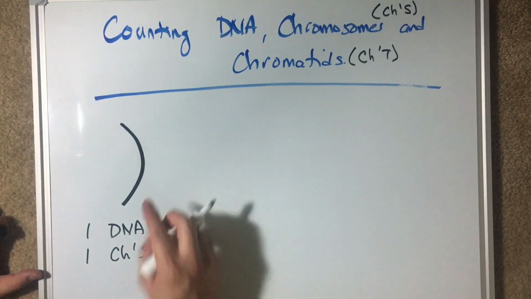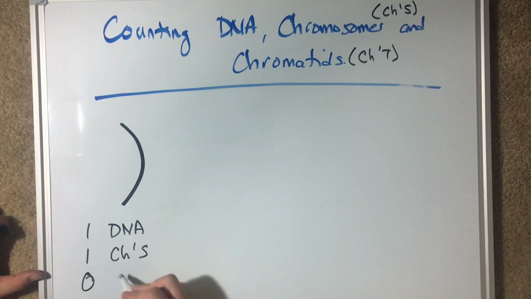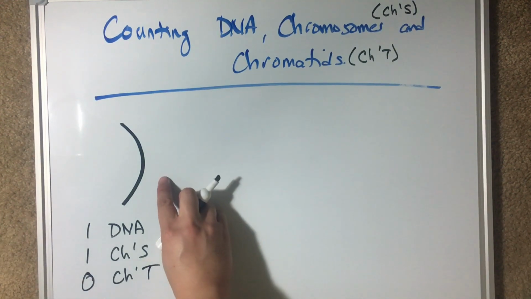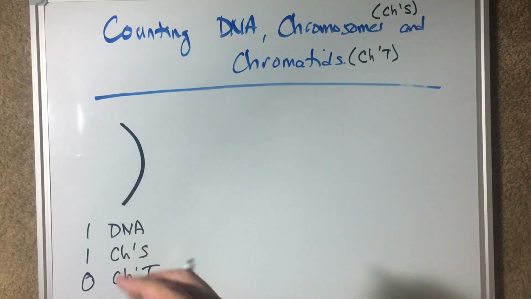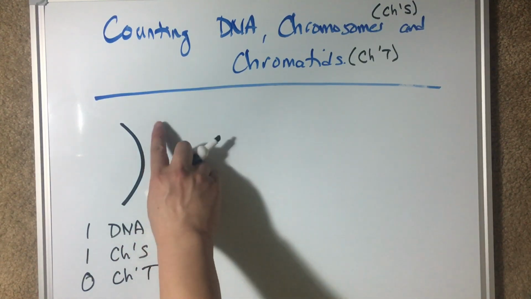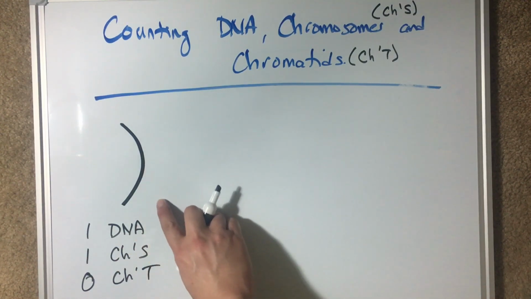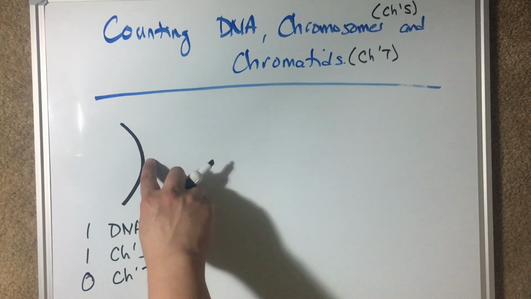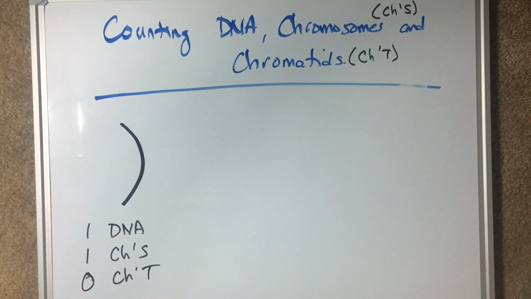Now, chromatids, we don't have any chromatids in this place, so we're going to say there are none. And remember, chromatids, if you recall from maybe your instructor or online resources, they're called chromatids only when you have two DNA strands connected together at a central location, which is that centromere, and I'll talk about that a little bit later. Let's do another example.